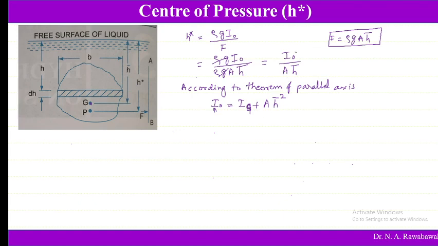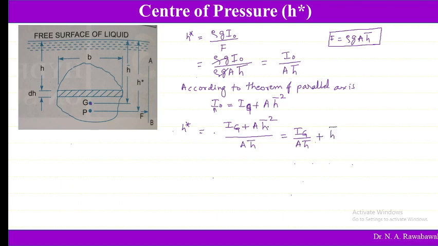So this I naught can be replaced, and the above equation becomes H star is equal to Ig plus A h bar square divided by A h bar. So this can be written as Ig divided by A h bar plus h bar.